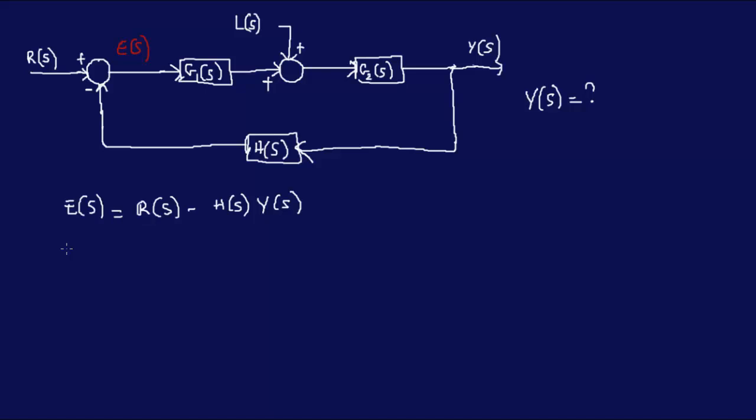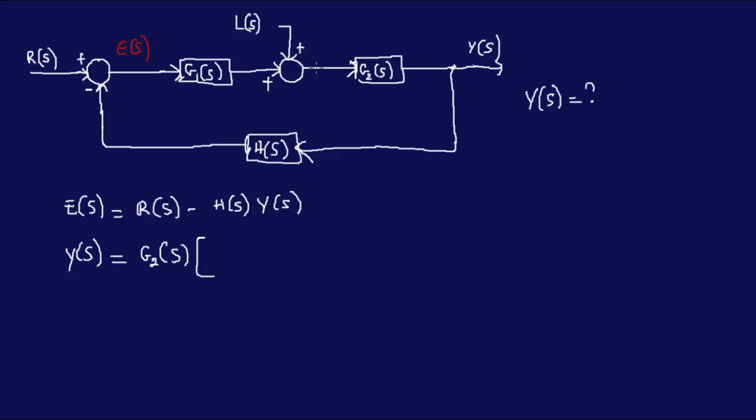And so what's my forward path? What is Y of S? Y of S is equal to, notice that we have a summation over here. So whatever comes out of the summation is going to be multiplied by G2 of S. So let's put G2 of S in the front. Whatever is in the middle is going to be multiplied by that.